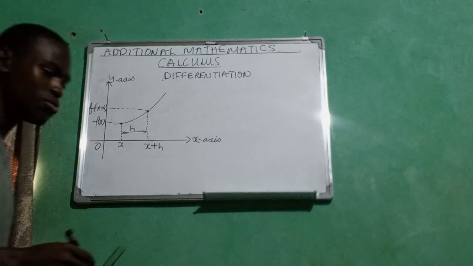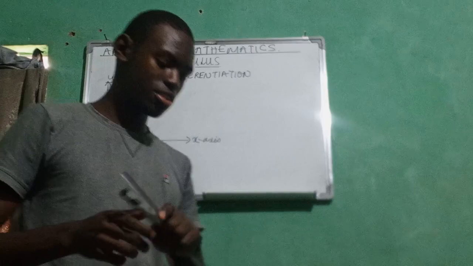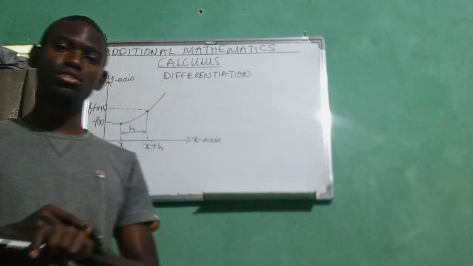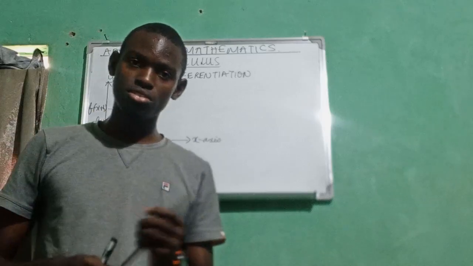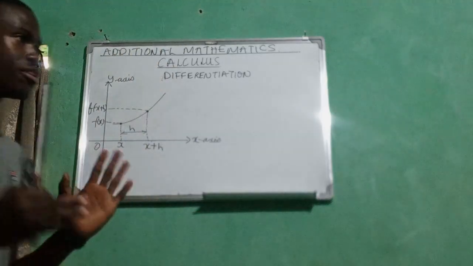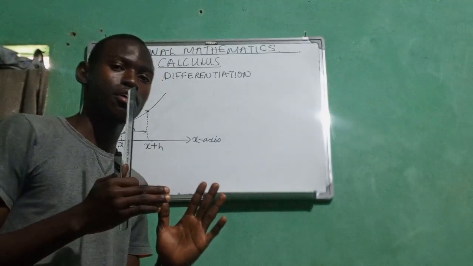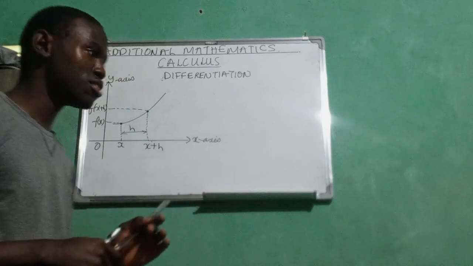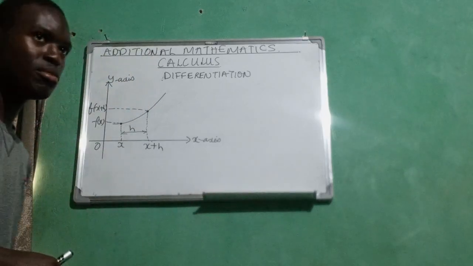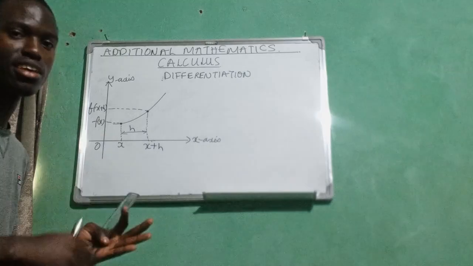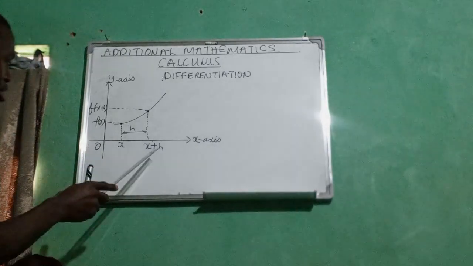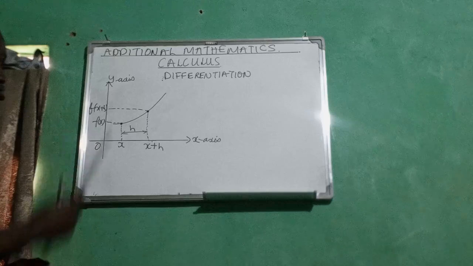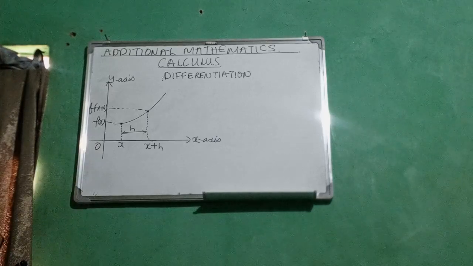When we talk about functions, the y-coordinate we represent by f of x, and what is in the brackets is the x-coordinate. We have the x there in the brackets, then the x plus h is also in the brackets.